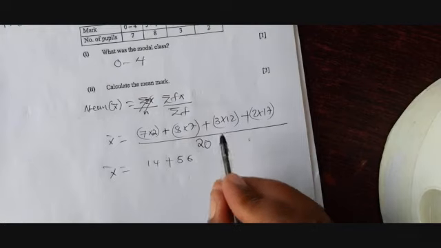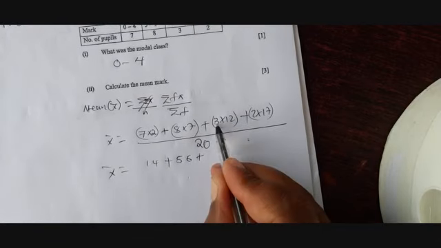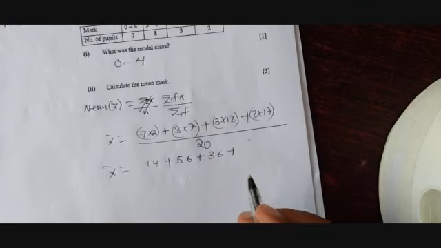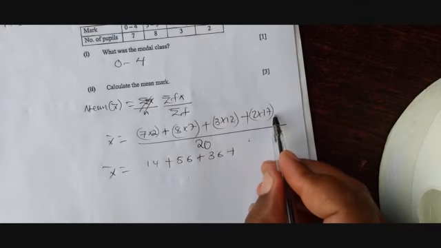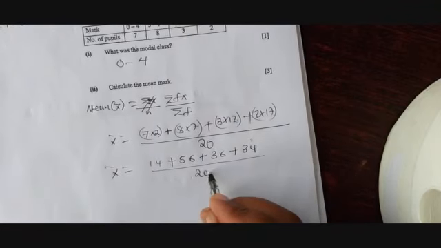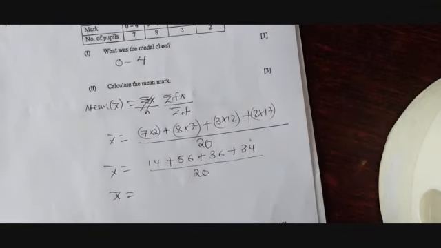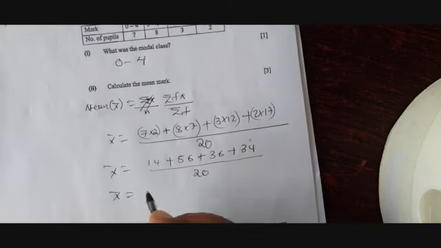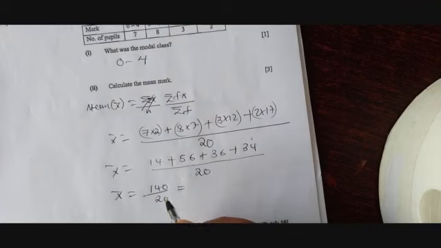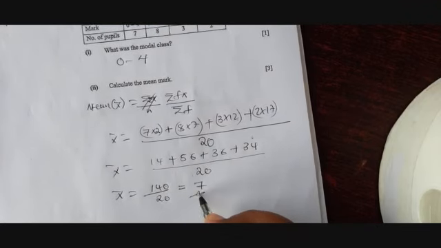Then you say plus 3 times 12 is 36, plus 2 times 17, that is 34. You divide everything by 20. So x bar is equal to, you must add everything now. So when you add everything, you get 140 divided by 20. Okay, this and this will cancel. 2 into 14 is 7. That is your mean.